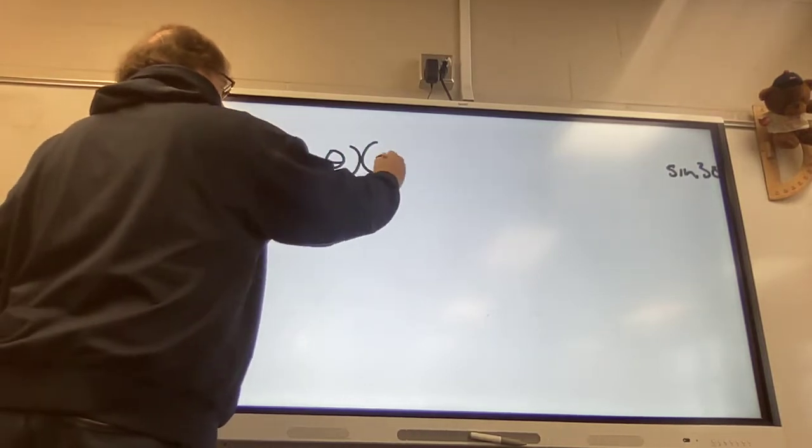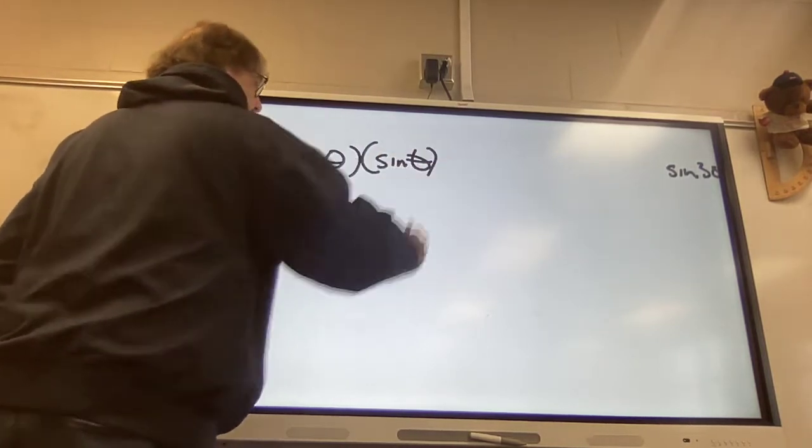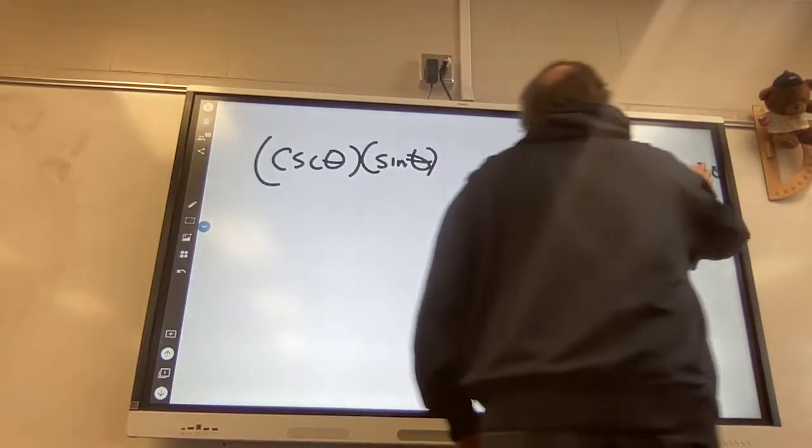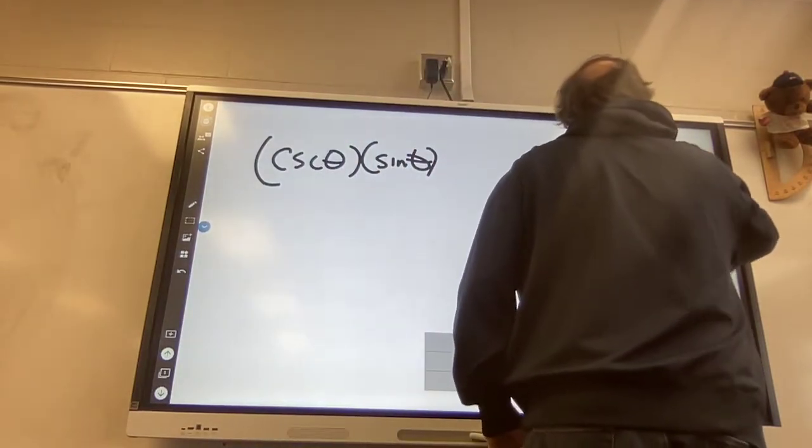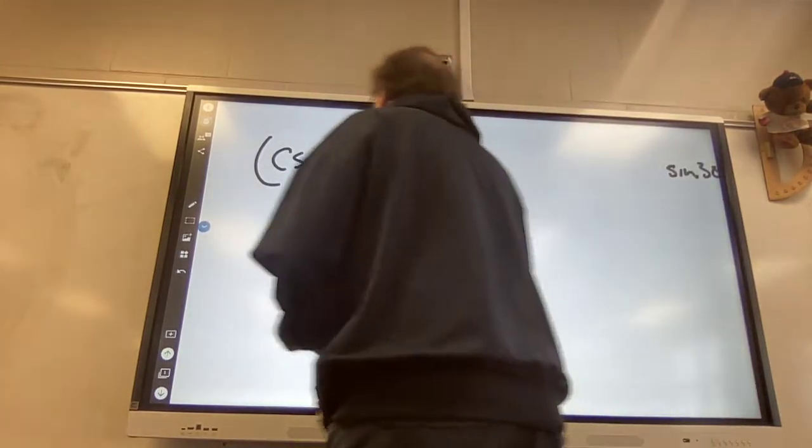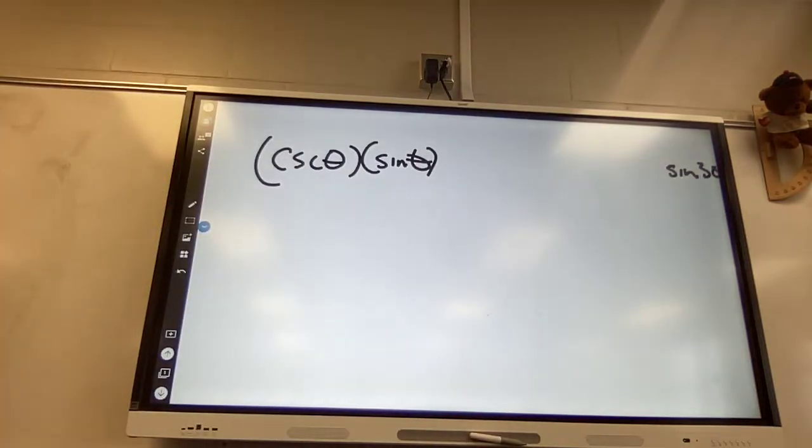Cosecant sine. It is asking you to simplify this. That doesn't go away. Well, it's probably a good idea to write these as sines and cosines.